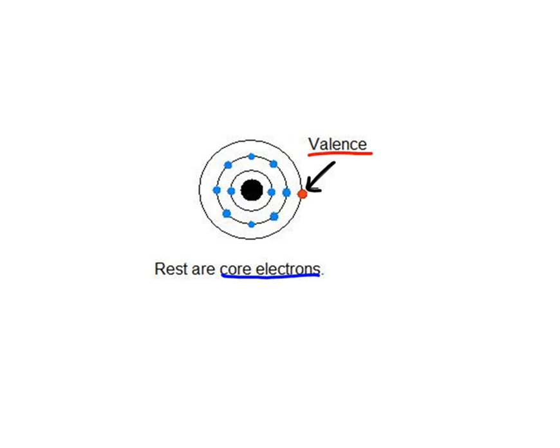Well, the core electrons are closer to the nucleus, so they're really attracted to the nucleus here. This electron right here is also being attracted to the nucleus, but we have a little competition going on.